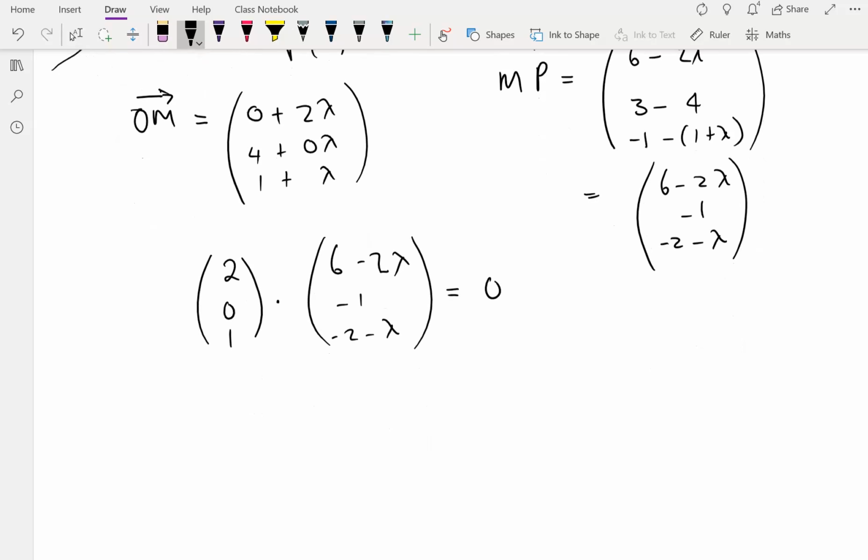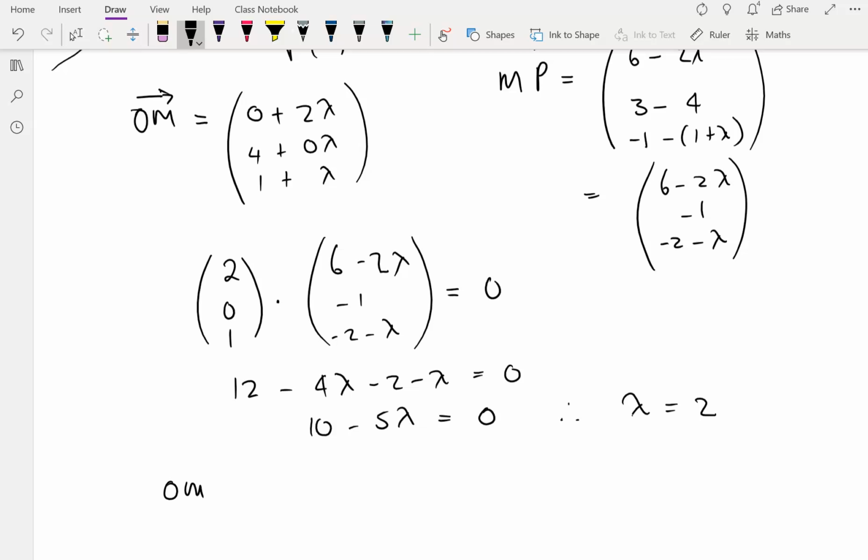What do I have now? Well, I've got 12 minus 4 lambda, and I'm going to have -2 minus lambda equals 0. If I tidy all of that up, I'm going to get 10 minus 5 lambda equals 0, and so therefore lambda is going to equal 2. So now that I've got lambda equal to 2, I can put that back into OM.